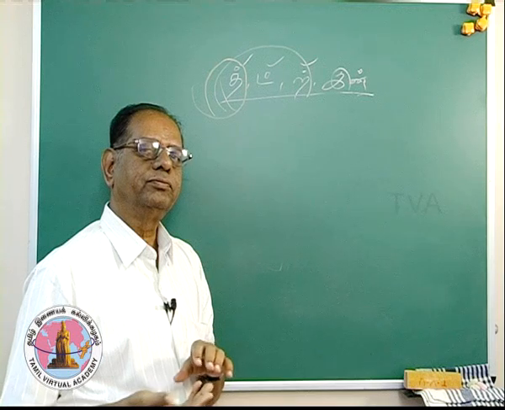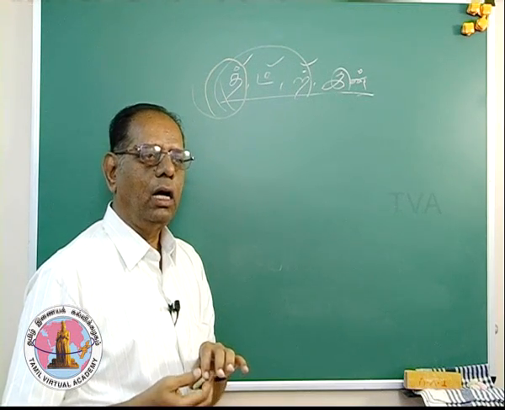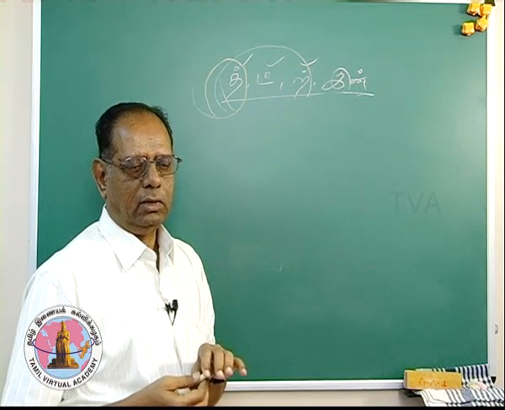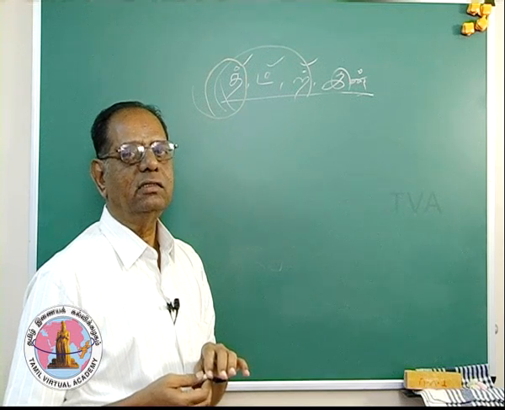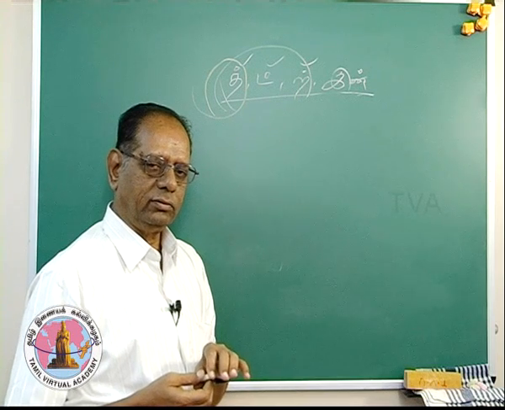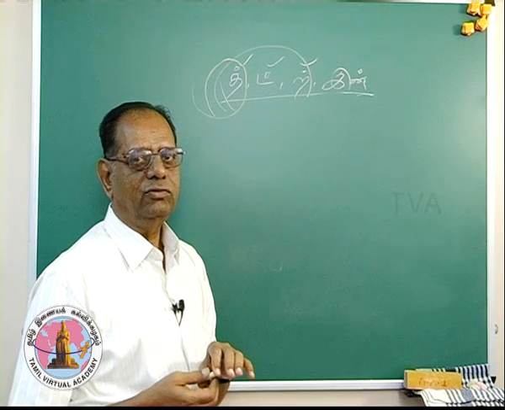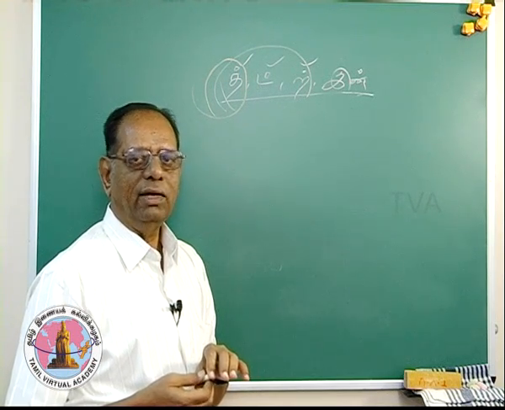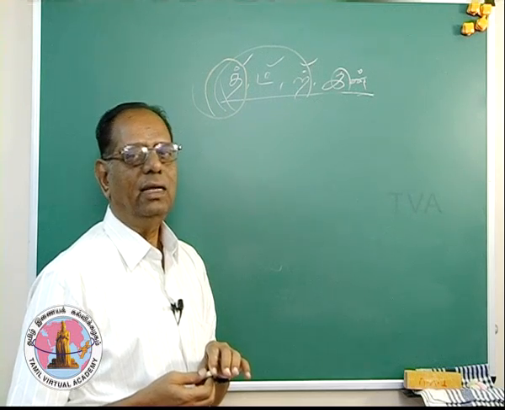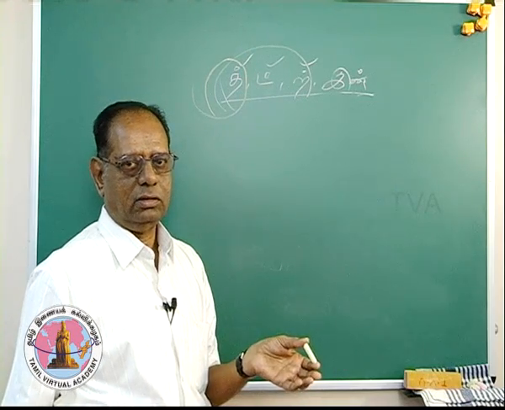In English, you have two categories of verbs. One is transitive and the other is intransitive. As you know, the transitive verb will definitely have an object. The intransitive one doesn't have an object.